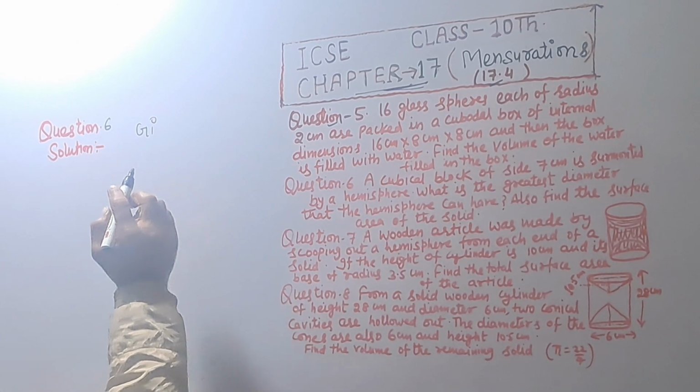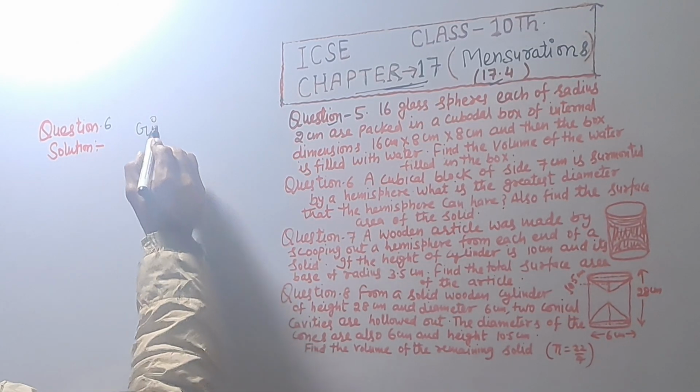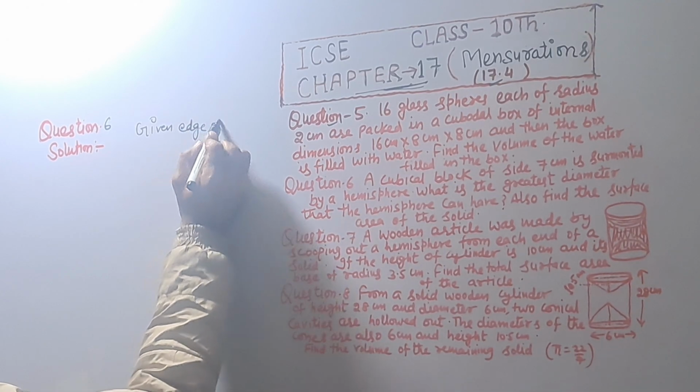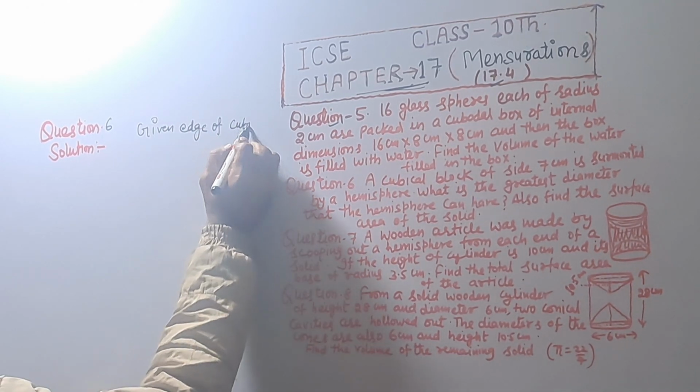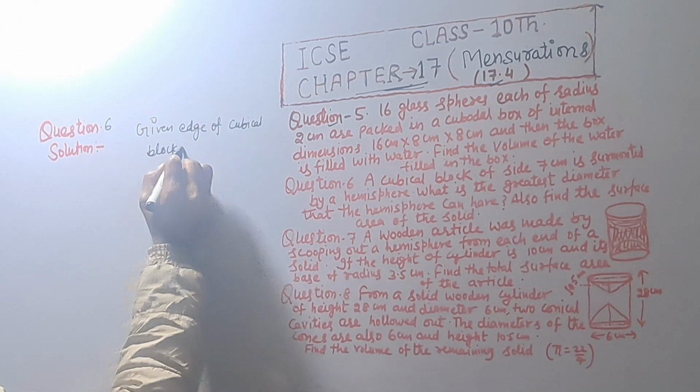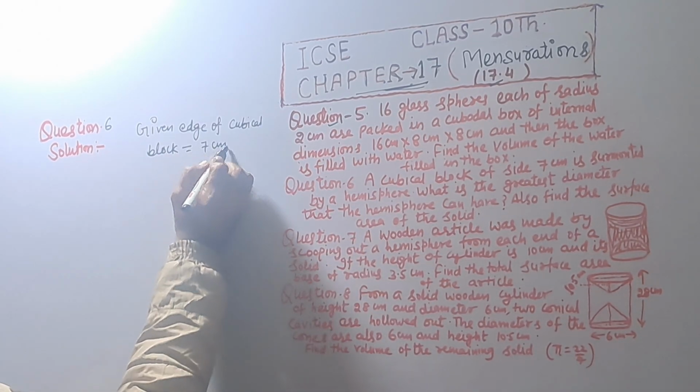Given side of cubical block is equal to 7 centimeter.